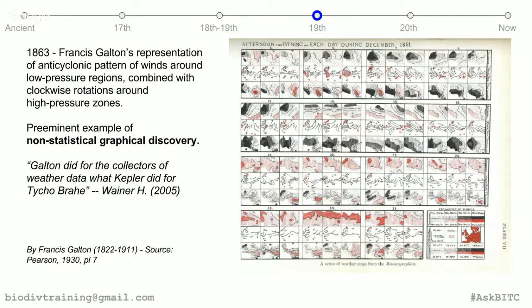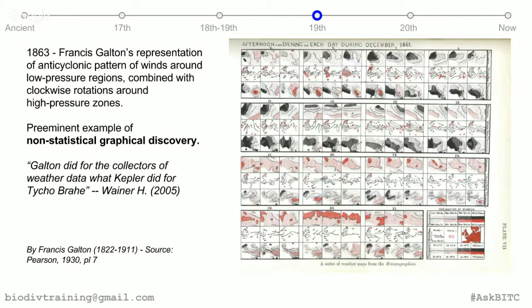Thanks to these observations, Galton discovered the anticyclonic pattern of winds around low-pressure regions, which were combined with clockwise rotation around high-pressure zones.